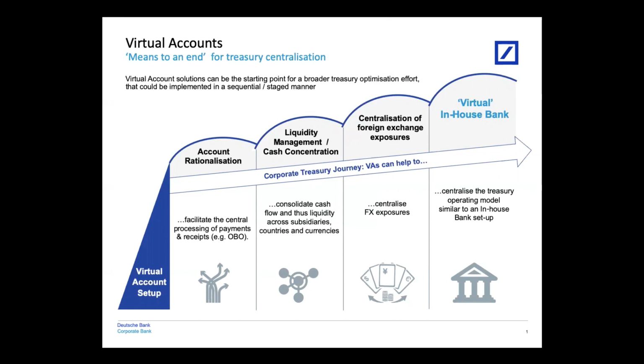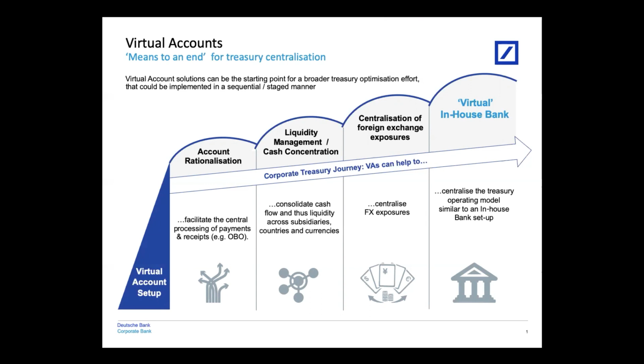Now, those corporates that have done that have almost immediately, as a side benefit, created significant benefits for them in the space of liquidity management or cash concentration. It may seem very obvious that fewer accounts means the corporate's cash flow is flowing through fewer accounts than may have been the case before.